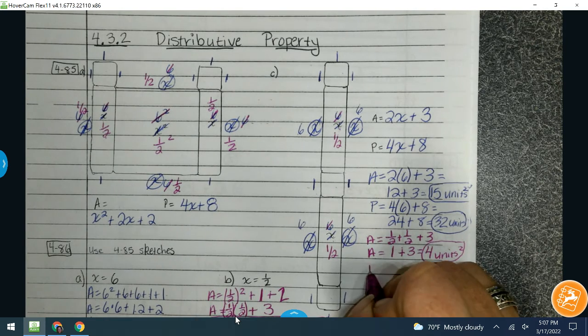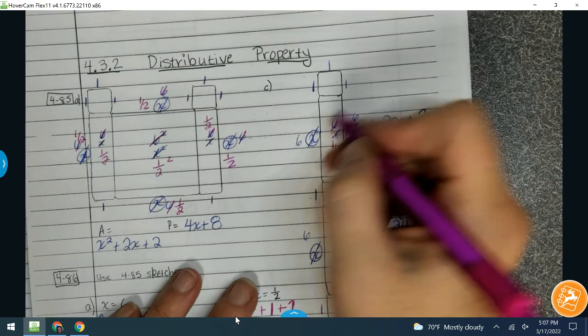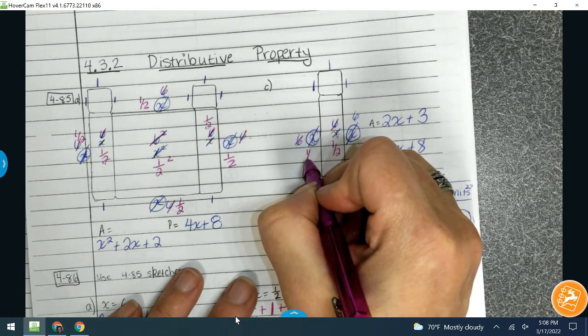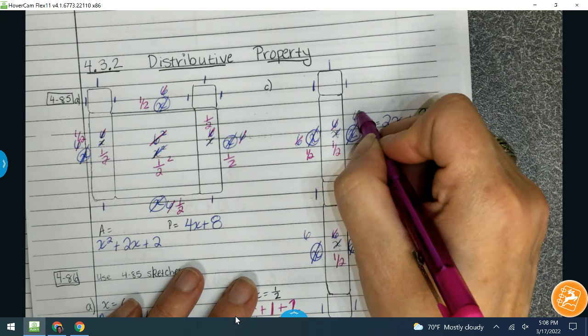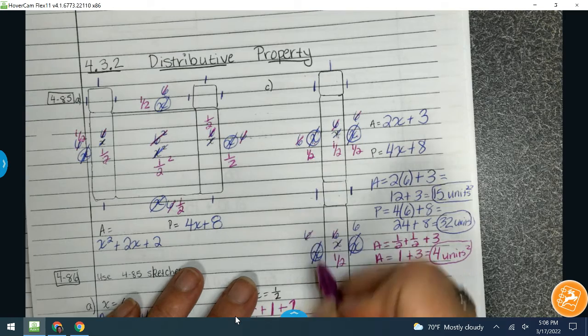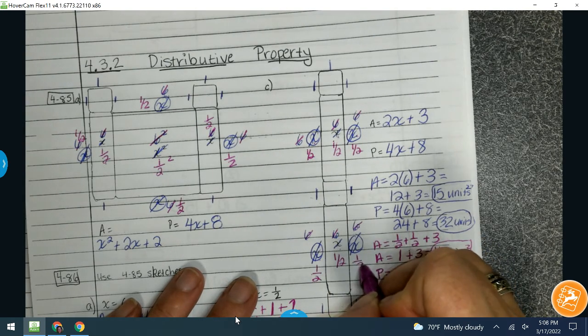Next, we're going to do our perimeter. So this x right here is going to become 1/2. This x right here, also 1/2. This x is 1/2. And this x is also 1/2.